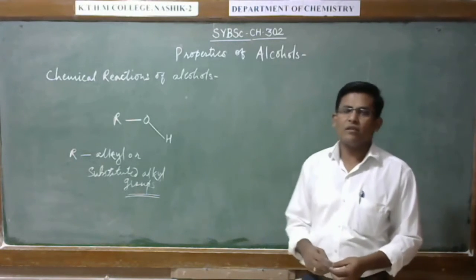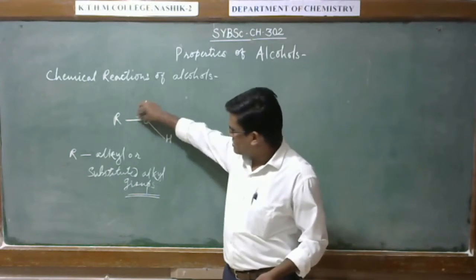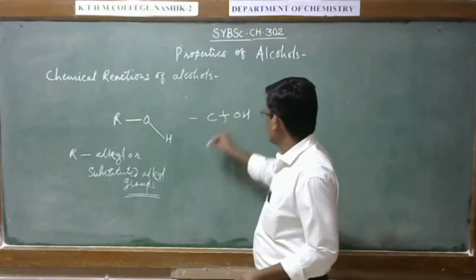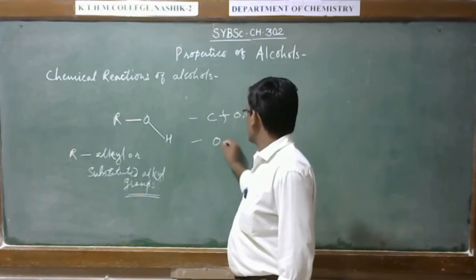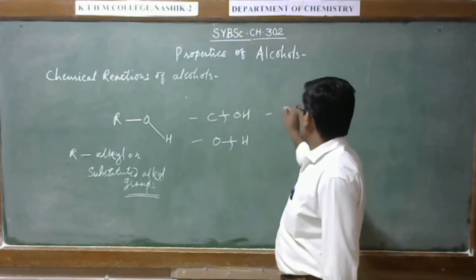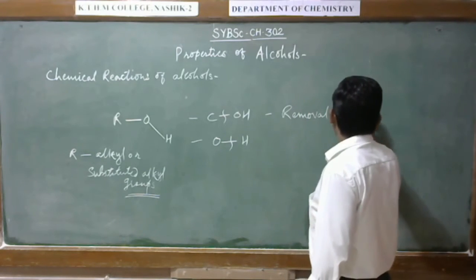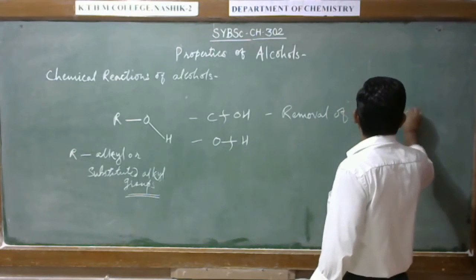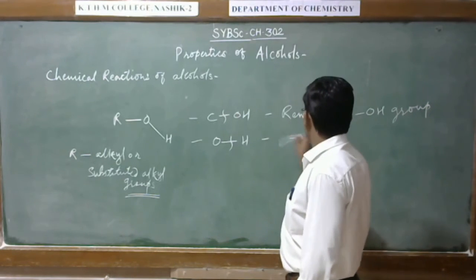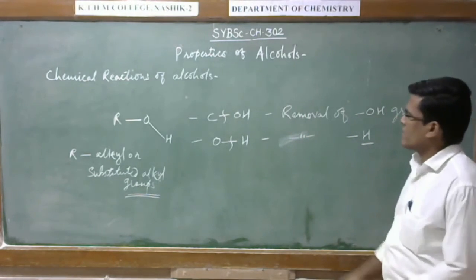The reactions of alcohols involve substitution or elimination reactions. It can involve either the C-OH bond breaking, with removal of the OH group, or the O-H bond breaking, with removal of hydrogen.